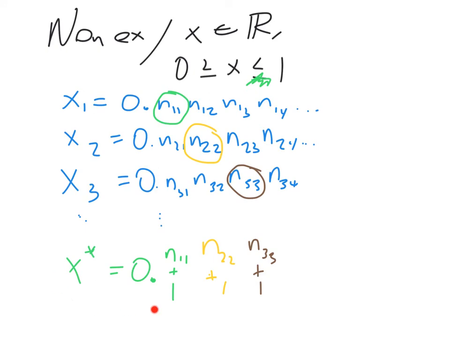We've constructed a number that is different from every single other number on the list, but this number is clearly a number between 0 and 1, so it is an element of our interval, and it's not an element of the list, and that means that the list was not complete.